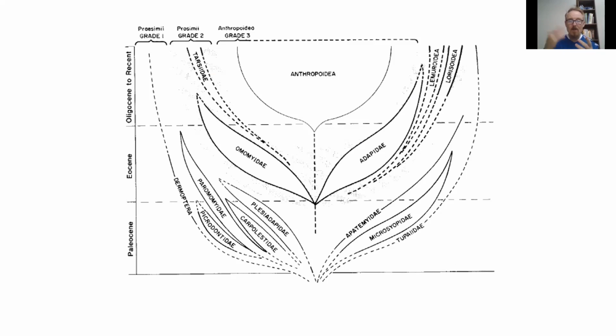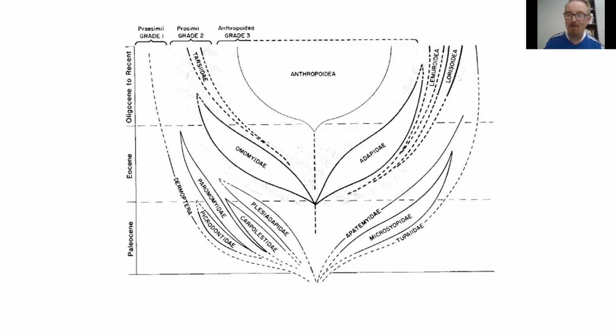Now, the Omomyoids and Adapoids work well in the early part of the Eocene. They continue on and begin to branch. The Omomyoids branch off into tarsiers roughly 45 million years ago. And then slowly, at about 45, they make a transition into full-blown anthropoid groups, which we see really firmly developed by about 33 million years ago.